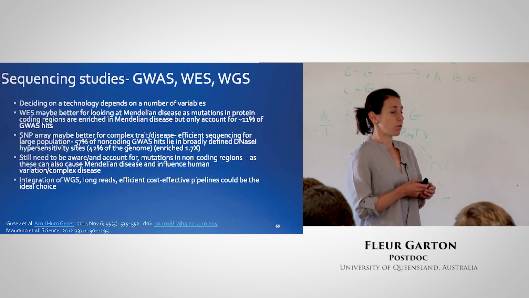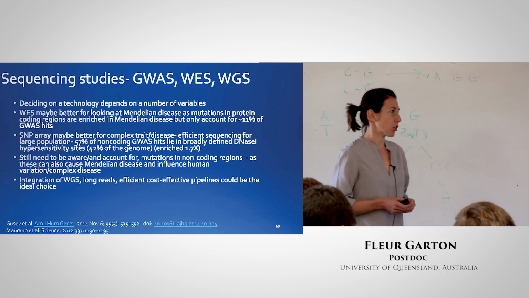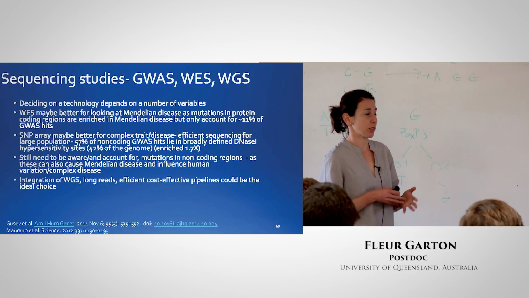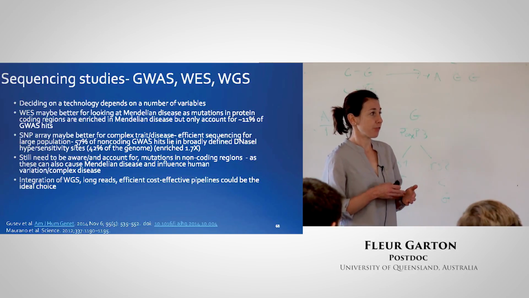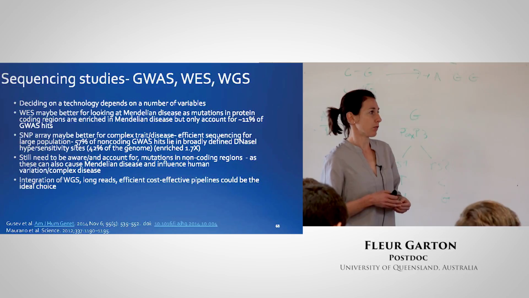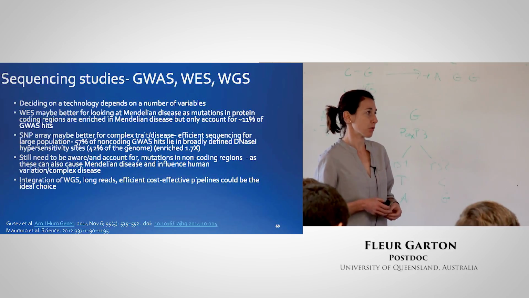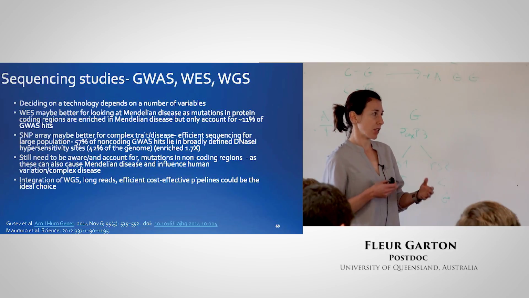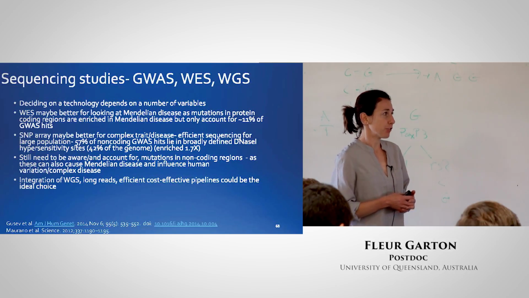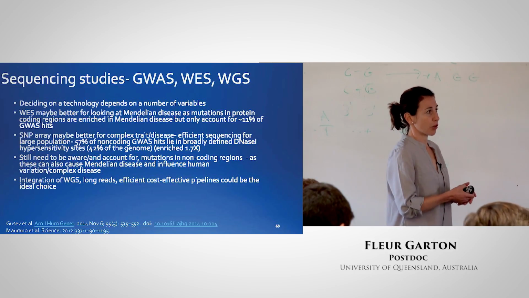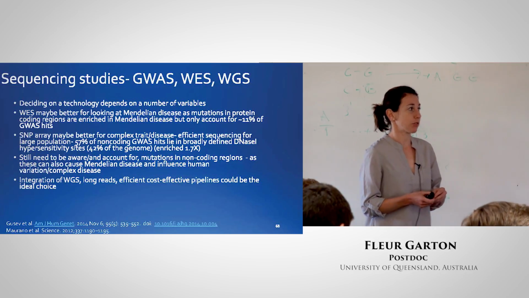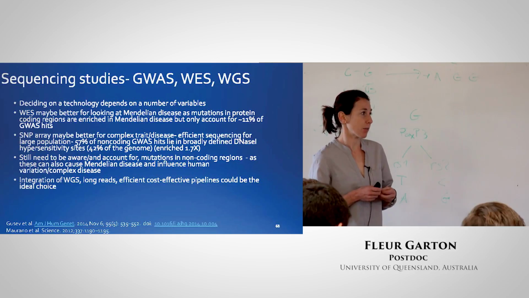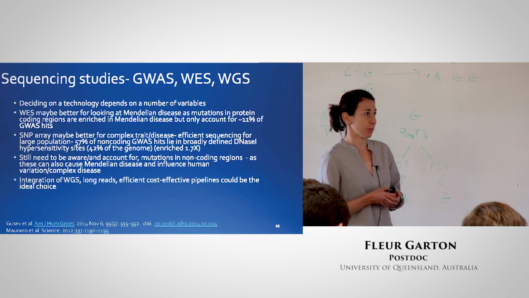SNP array, of course, is very good at tagging the entire genome and is likely better for complex traits and diseases. It's a very efficient sequencing, particularly for large populations, which we know we need in these genetic studies looking at these complex traits. 57% of non-coding GWAS hits lie in broadly defined DNase hypersensitivity sites, and this consists of 42% of the genome.